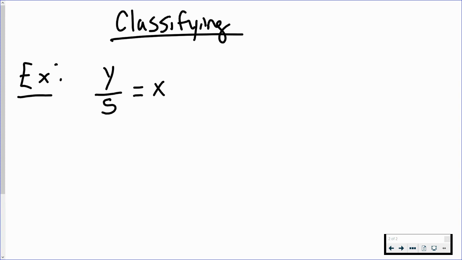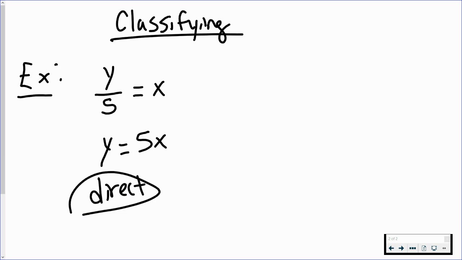That doesn't look like our original y equals something times x or y equals something divided by x, but let's think about if we could manipulate this. If we multiplied each side by 5, we could say this is y equals 5x. In this case, it looks like direct variation because we have y equals k times x. In this case, the k is 5.